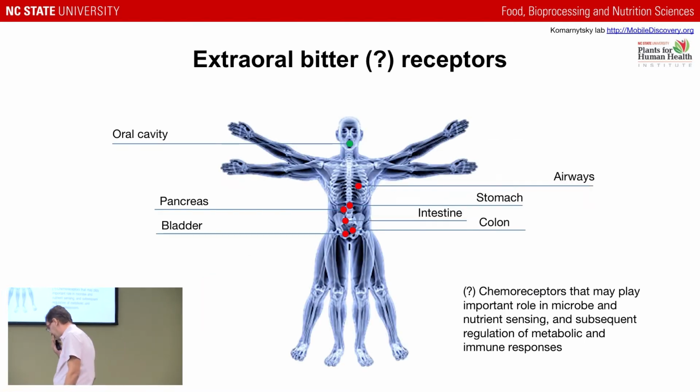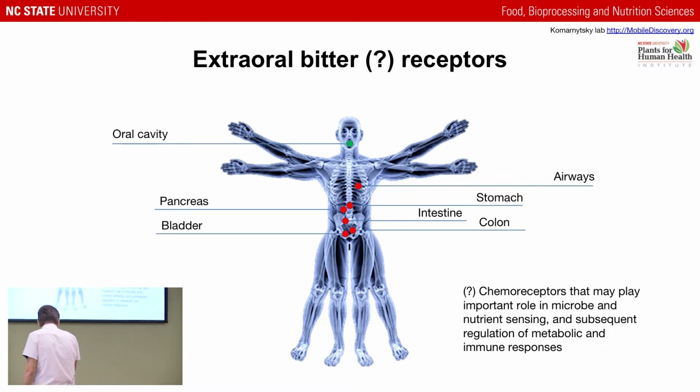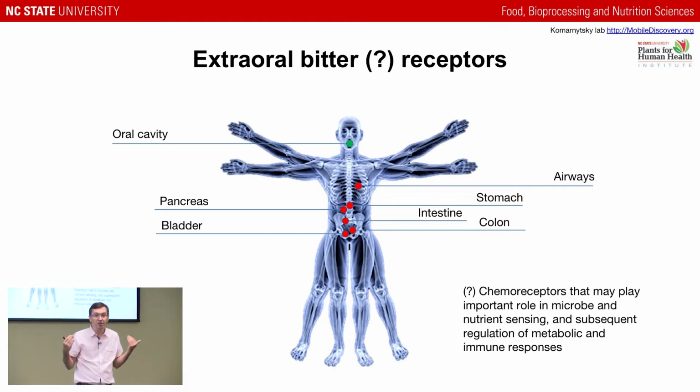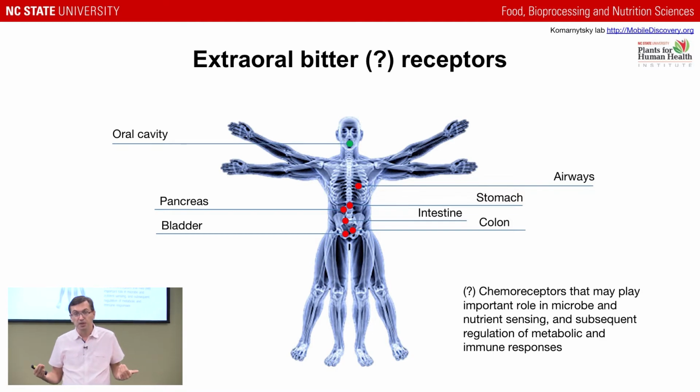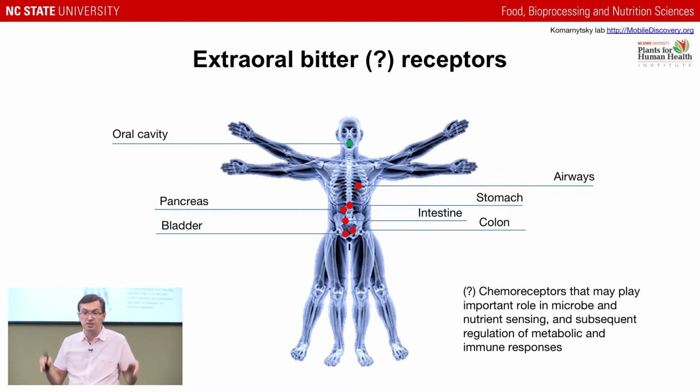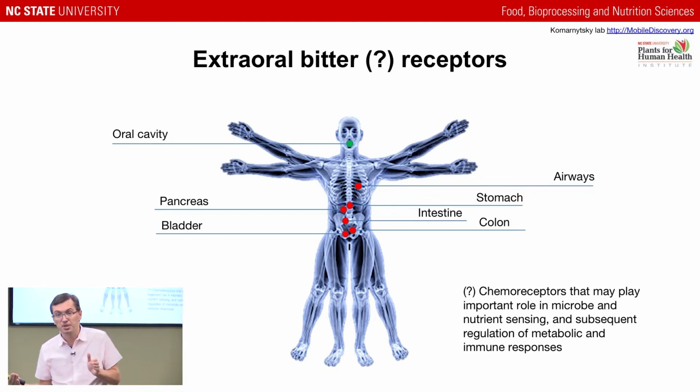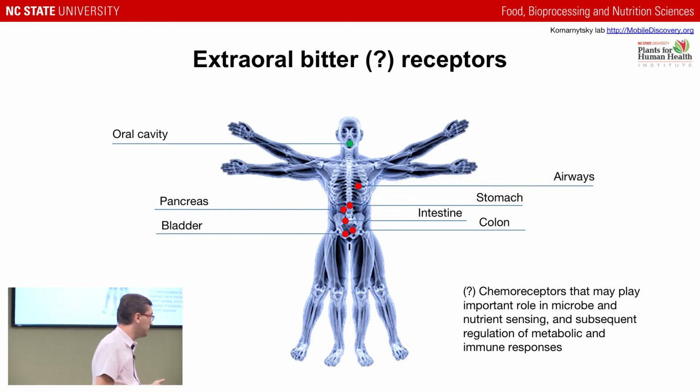Okay? However, if you look at the human body, what people start to note is a very peculiar thing. In addition to the bitter receptors which we have in our mouths, right? If you start checking different types of cells in different tissues, you suddenly realize that these so-called bitter receptors are expressed in many different tissues.